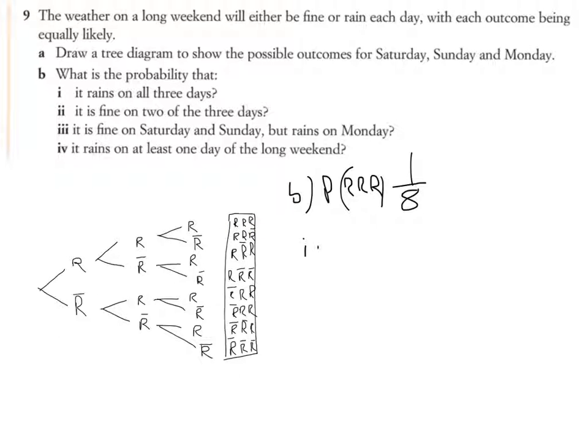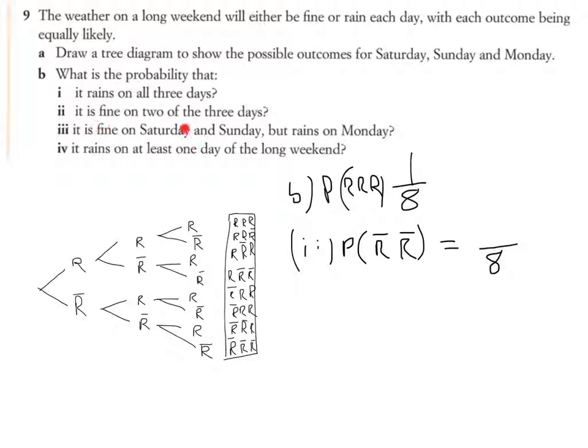Part 2. What is the probability that it is fine on 2 of the 3 days? Now this is actually a bit trickier because all that I need to find are 2 days when it does not rain. So remember, it's going to be out of 8, and now we need to look at our sample space, which are all these outcomes, and see which days have 2 not raining.